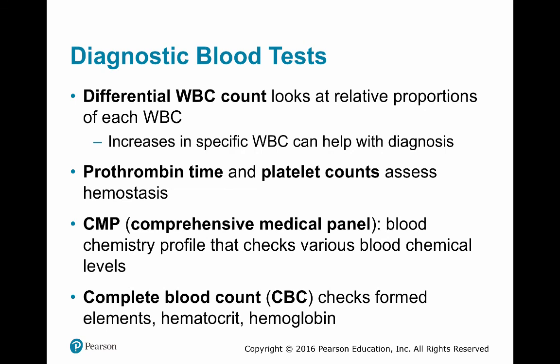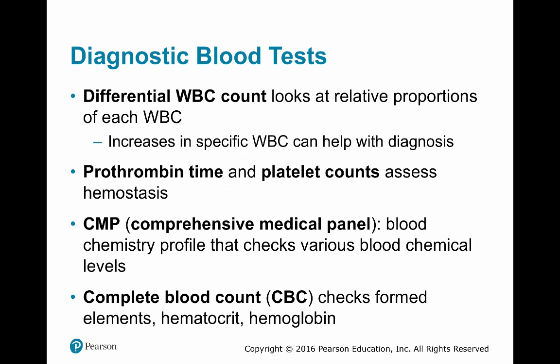And so you can get what are called CMPs, which are comprehensive medical panels, that look overall at blood chemistry profiles and can check various blood chemical levels to see if things are right. When you're looking at blood tests, you can look at prothrombin time and platelet counts to assess blood clotting. You can look at the complete blood count, or CBC, to check formed elements, the hematocrit, the hemoglobin, all of these.